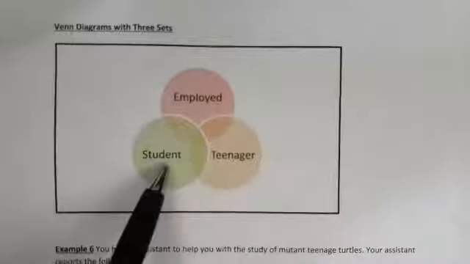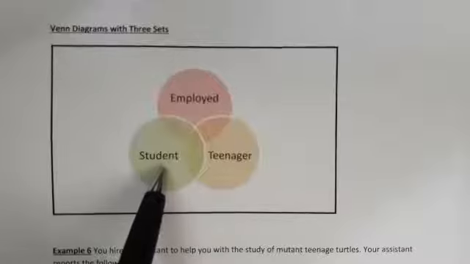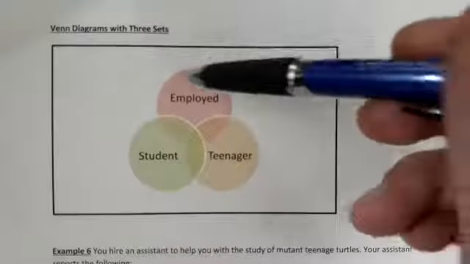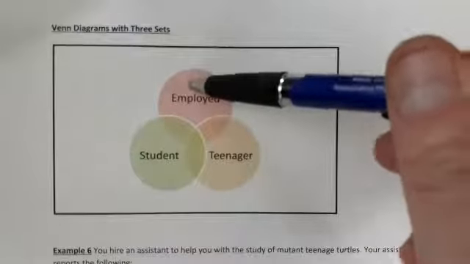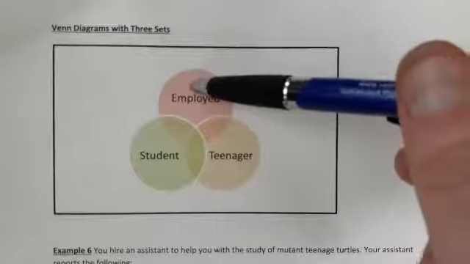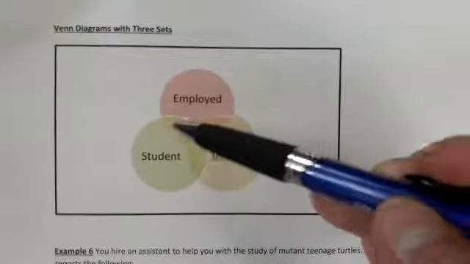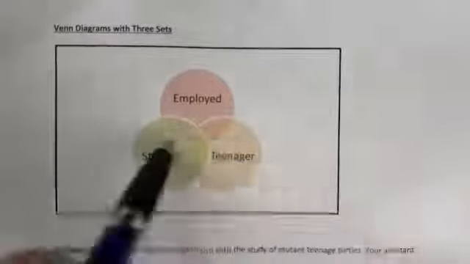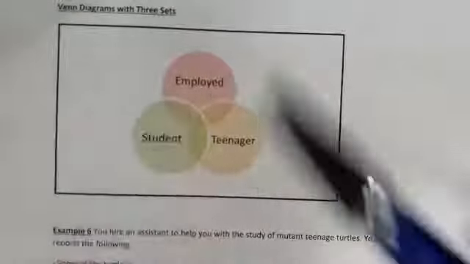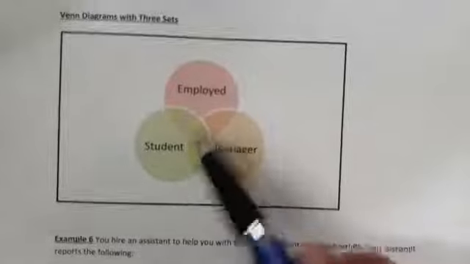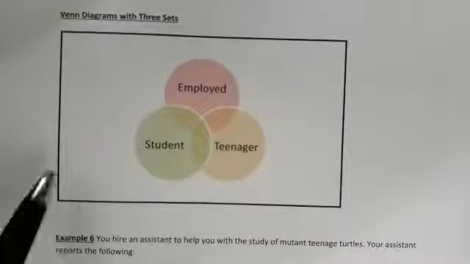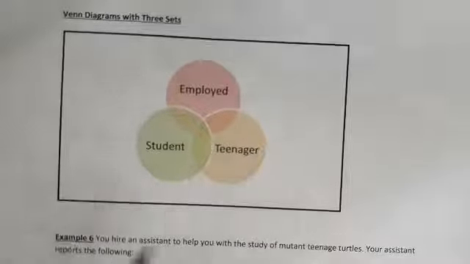So if I put an X here, this is a student that's not a teenager, not employed. If I put an X here, this is someone that's employed, but not a student, not a teenager. If I put an X here, this is someone that's a student and employed, but not a teenager. And if I put one in the middle, it's someone that's what? Student, employed, and teenager. If I go out here, it's someone that's none of these, right?